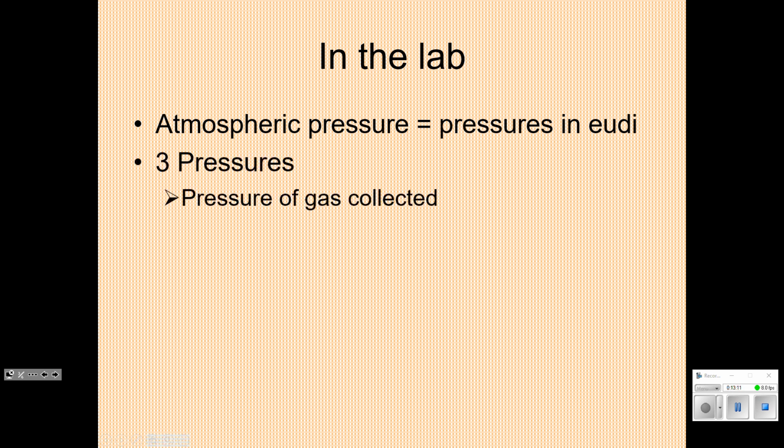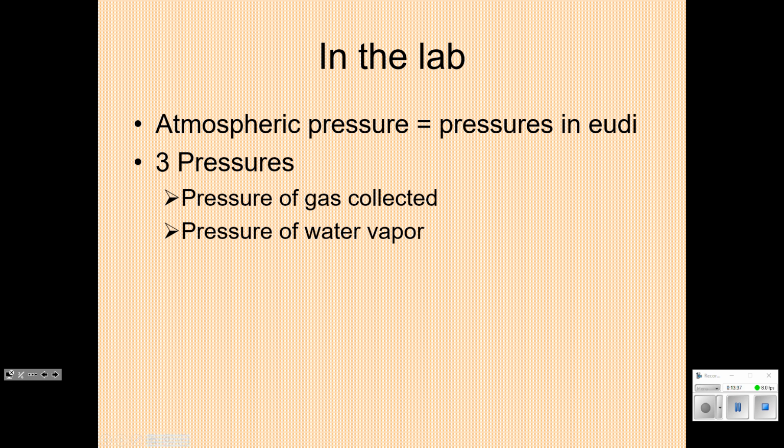So, we are going to collect a gas in the lab. That gas will fill part of this tube. That would be one of the three pressures in here. Remember that a unit of pressure is a millimeter of mercury? Well, we are not going to be collecting gases in a mercury bath because we can't use free-flowing mercury.